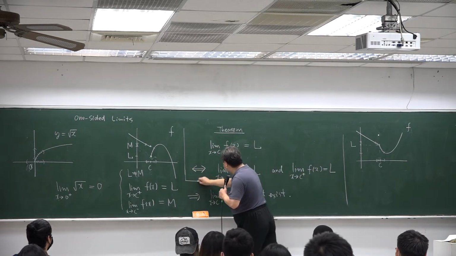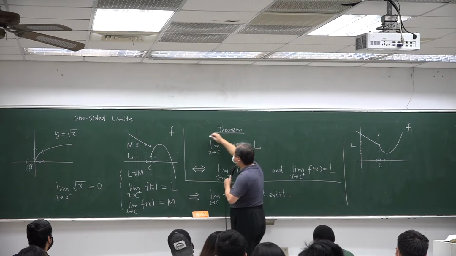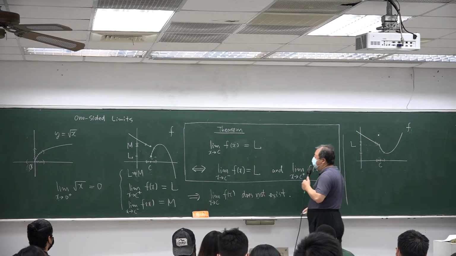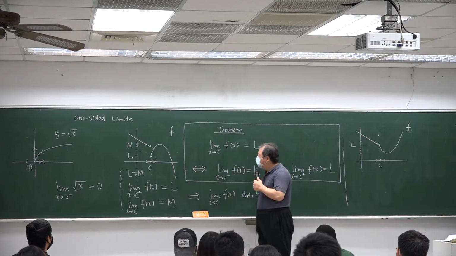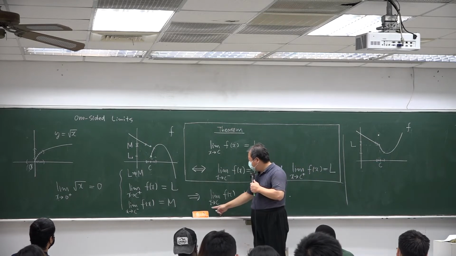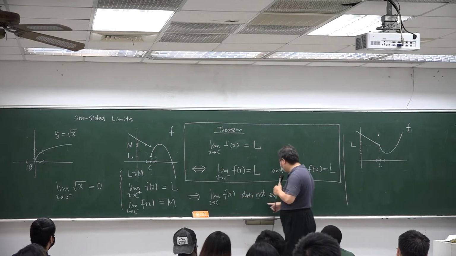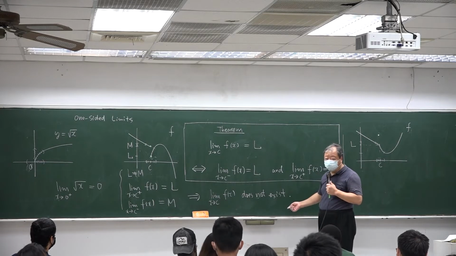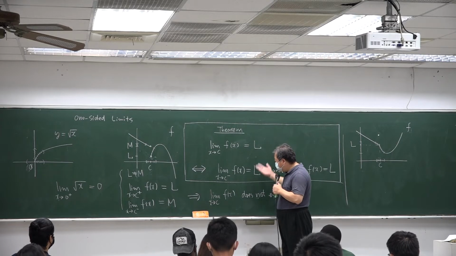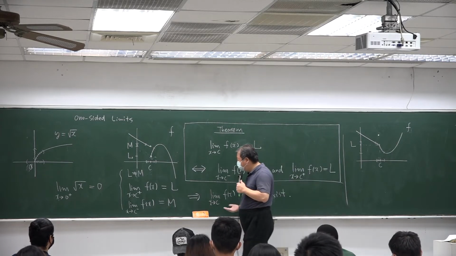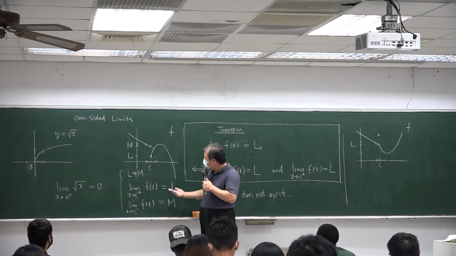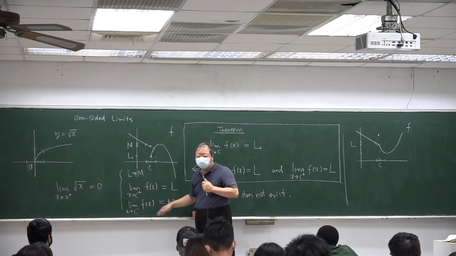According to this theorem, in this case, the limit of the function f as x approaches C does not exist. Suppose it exists, it must be some number, for example L. Then we must have this is L and this is L. But we are given this condition: they are different.